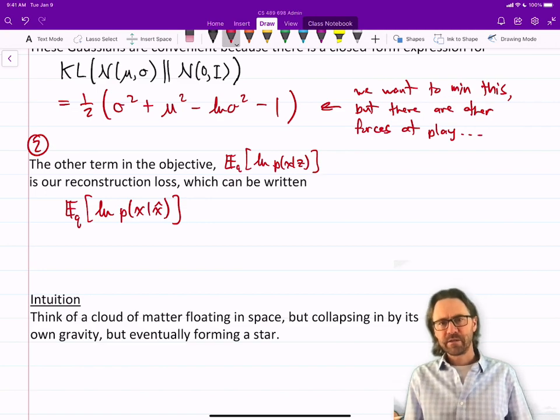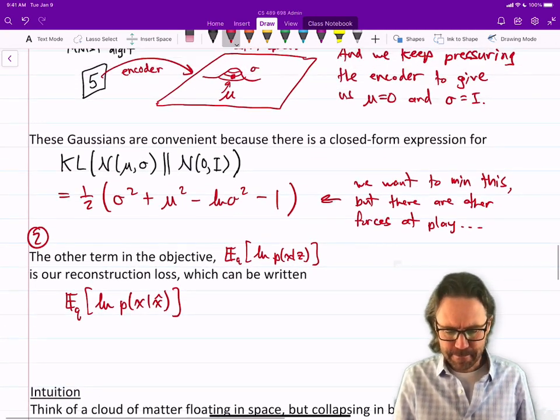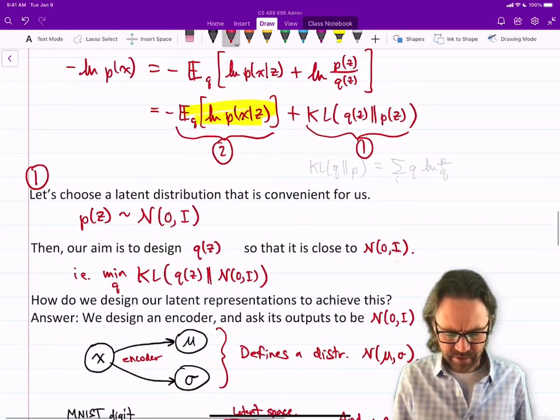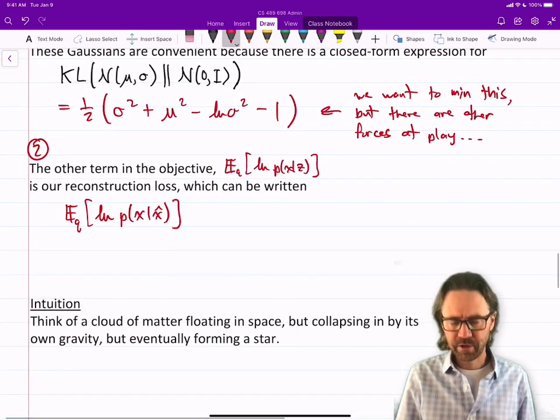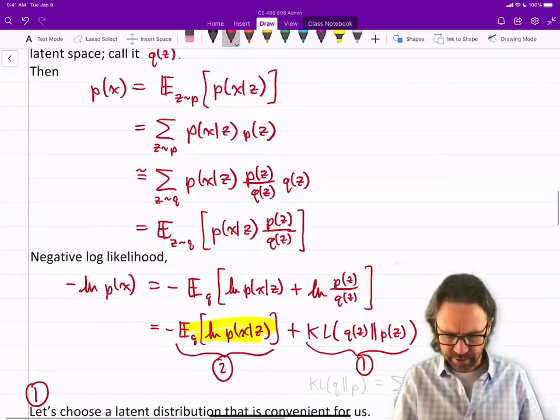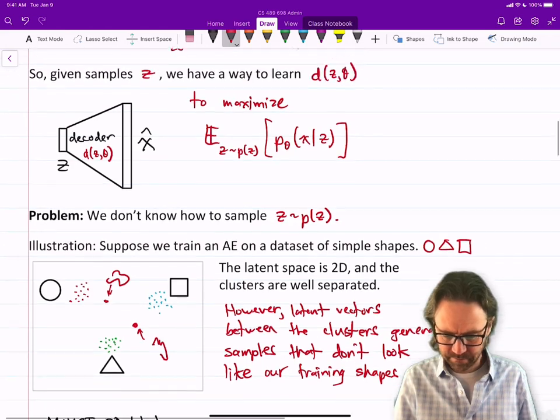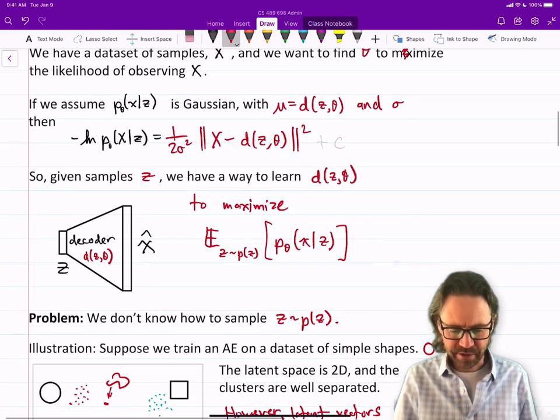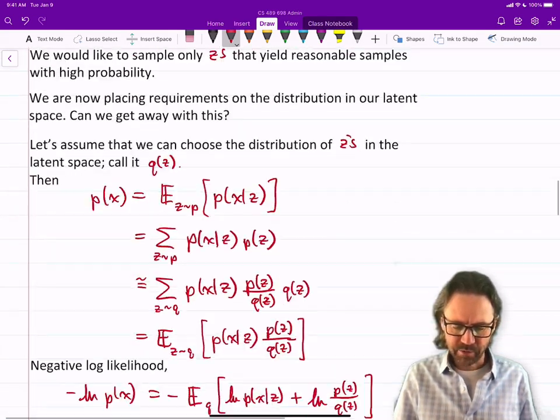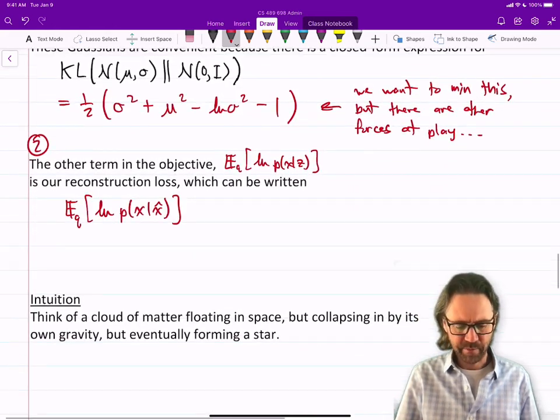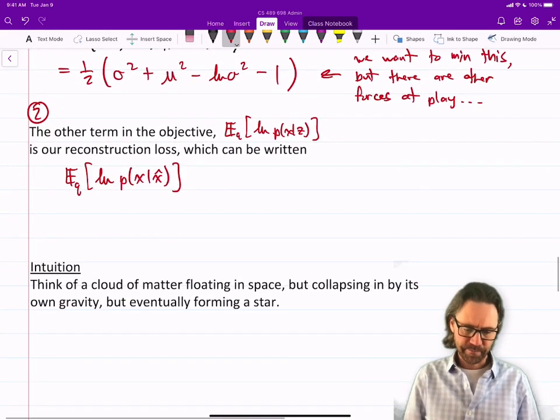Now that's because, I guess I haven't talked about a decoder yet. That's because we're going to create, did we talk about a decoder? Yes, we already have a decoder. So given our latent representation and some parameter values, we know how to decode that.